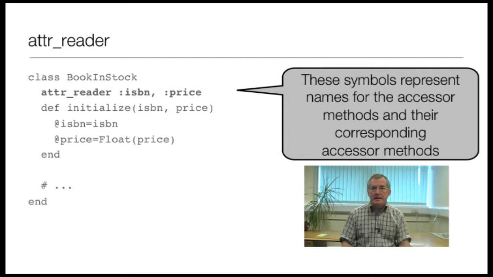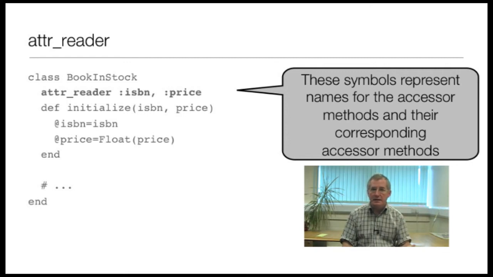The next thing to think about is that sometimes we may want to assign a new value to one of the instance variables, and in this particular case we can allow the price to be changed.